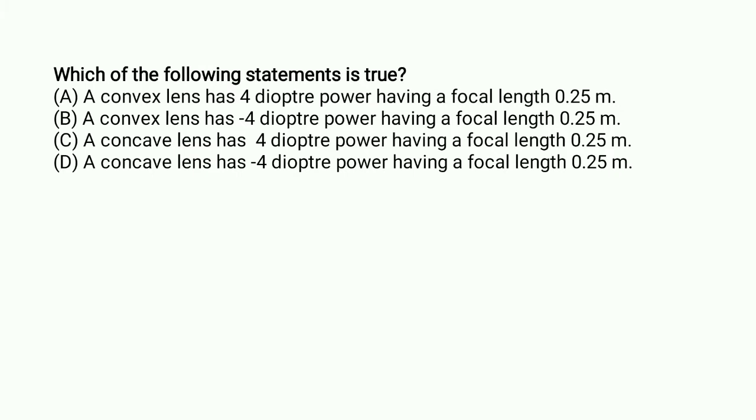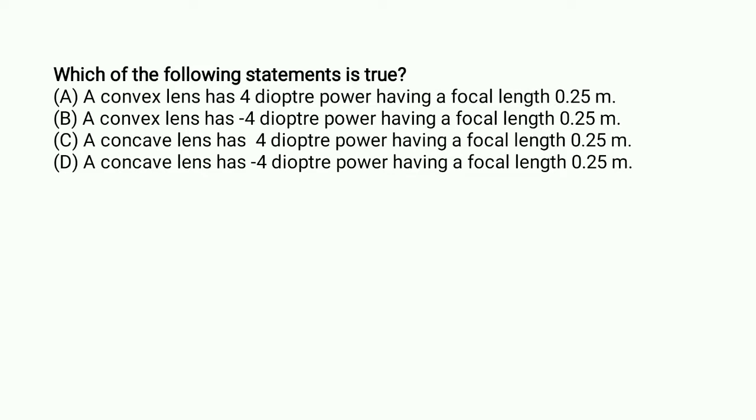Next question. Which of the following statements is true? Option A, a convex lens has 4 diopter power having a focal length 0.25 meter. Option B, a convex lens has -4 diopter power having a focal length 0.25 meter.